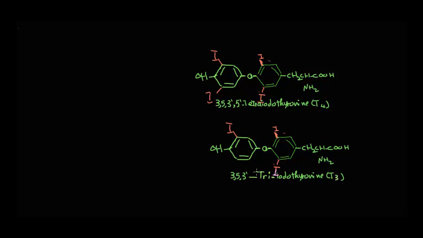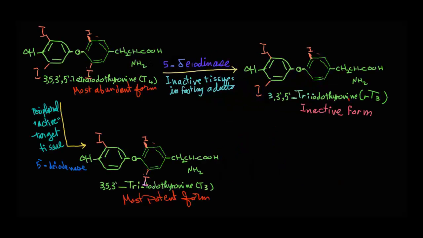A small amount of 3,5,3' triiodothyronine or T3 is also produced by the thyroid gland, and this is the most potent form of iodothyronine. It's mostly produced in the periphery by deiodination of tetraiodothyronine or T4.